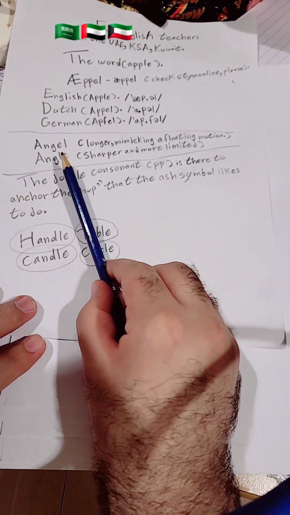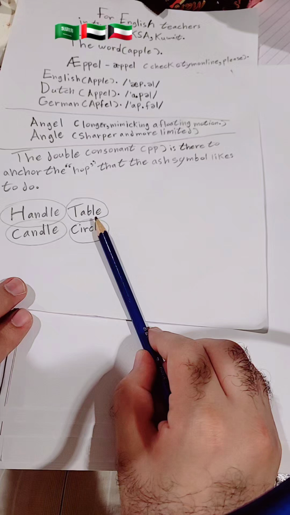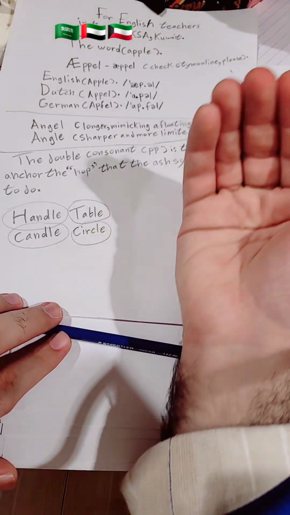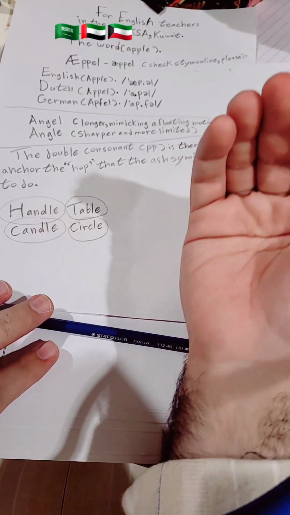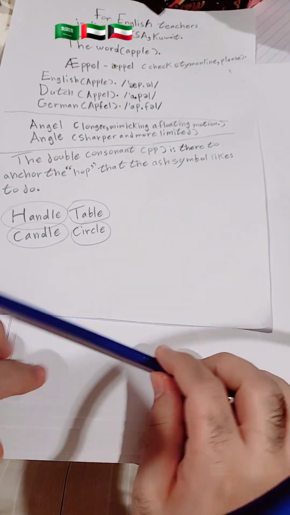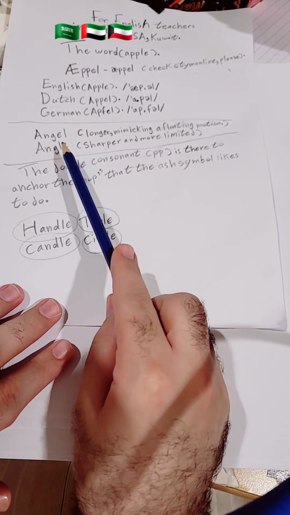So when we have the LE at the end, look what we got: handle, table, circle, candle. Our tongue became more like a hook. So it's angle, table, handle, circle. That's what happens when you place an E at the end and prior to it an L.